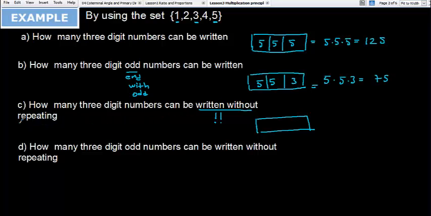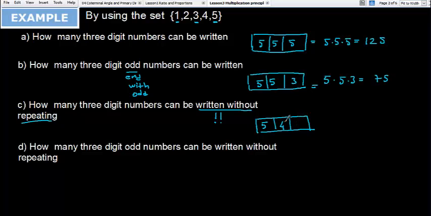So it's not 5 times 5 times 5, because for the first place you can write 5 different numbers, but you cannot use that number in the second place, so for the second place there are 4 possible cases.